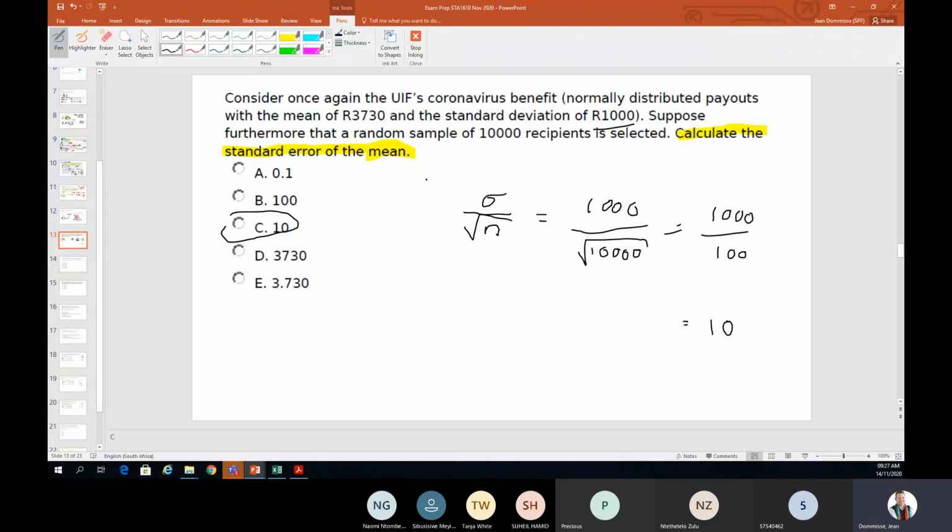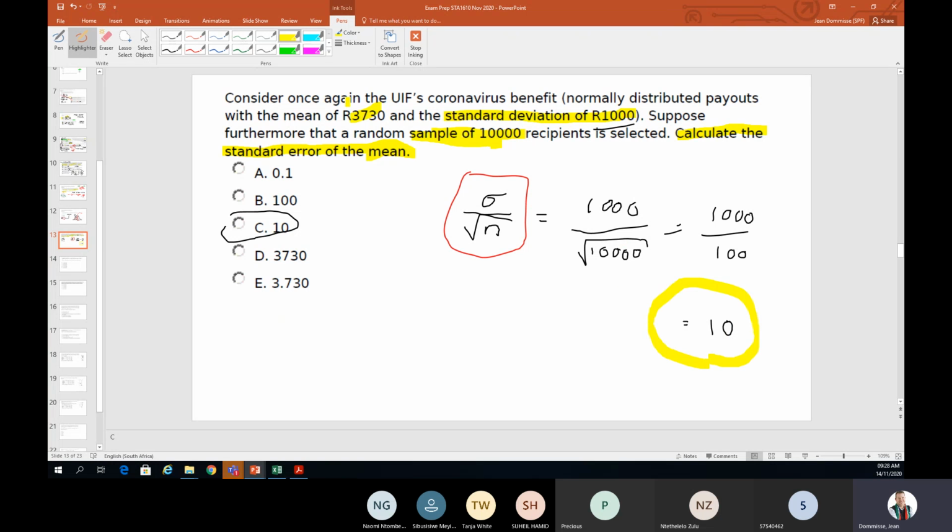So that is why I looked at what I need to get. I write down my formula, and then I just go, okay, standard deviation. Let's read through, and there's my sample. So that is the information I have, and I get to my answer.